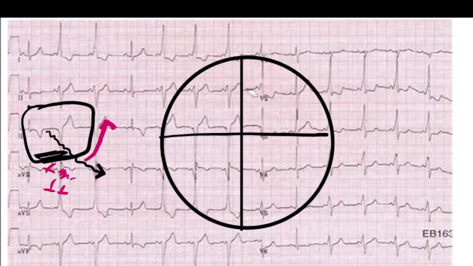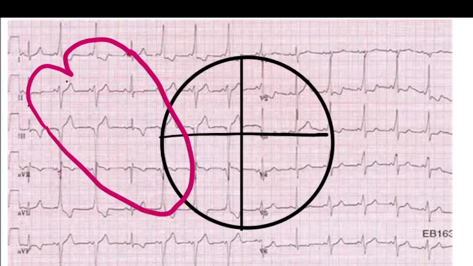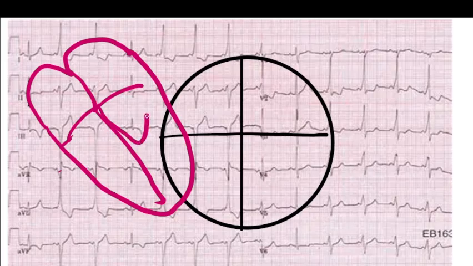Similarly, you can think of right bundle branch block and left bundle branch block. In case of left, let me draw this heart again. Okay, this is a heart. In a left bundle branch block, what happened? This is your bundles. This is the AV node, bundle of His, and this is giving the right and left bundle, and some Purkinje fibers. Let us say this is the left. If this part is not functioning, that is left bundle branch block.